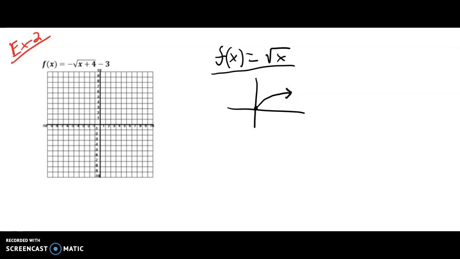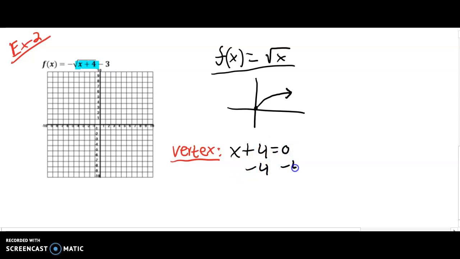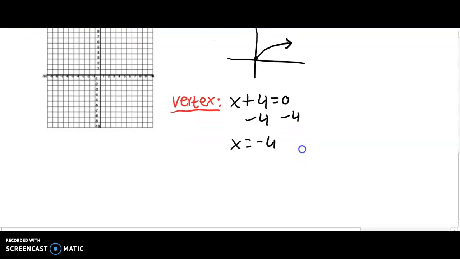So let's get our vertex first. I want to set this piece equal to 0 again. And then my y value is going to be this -3 outside of the square root.